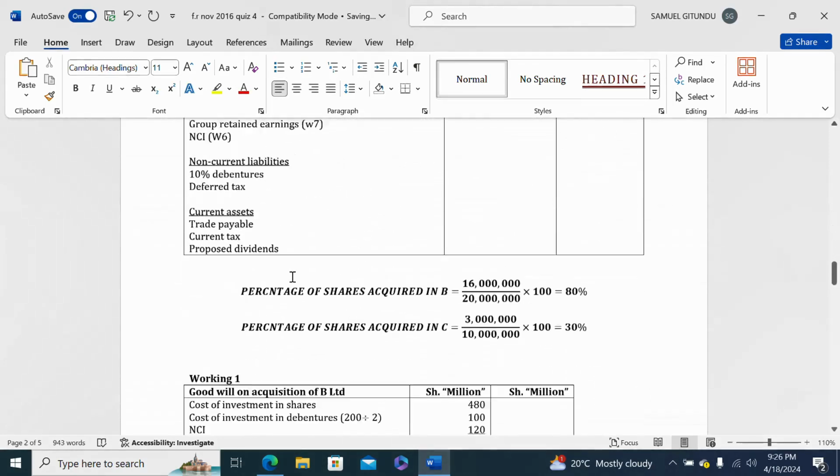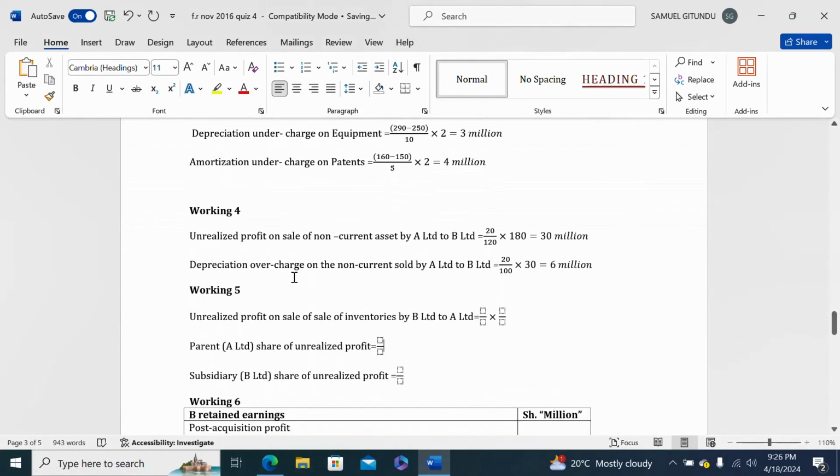So we calculate the unrealized profit on the stock which is still held at the year end by A Limited. So the unrealized profit is 50 out of 150, because the sale was a markup, not a margin.